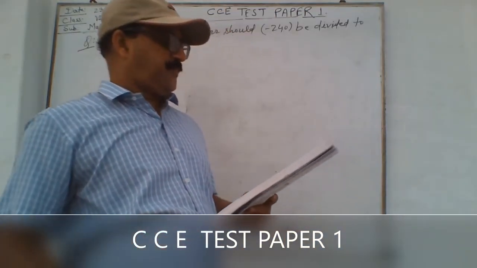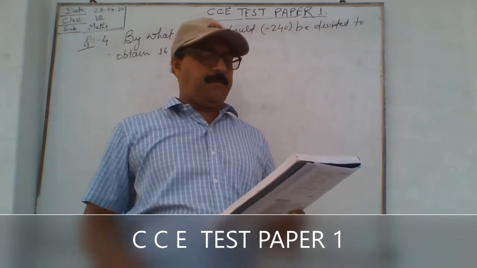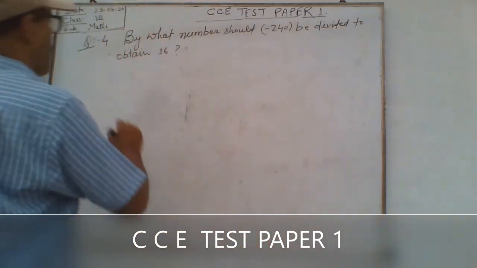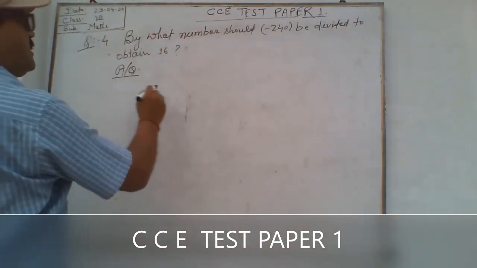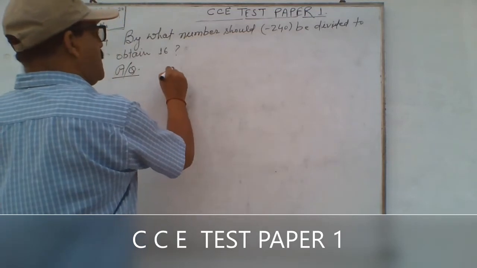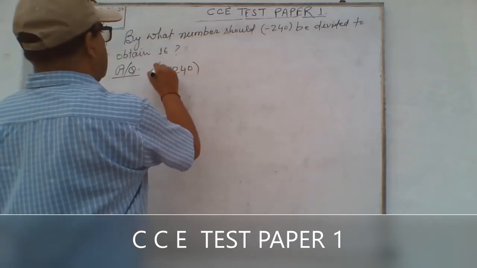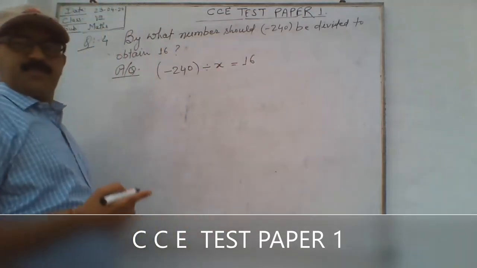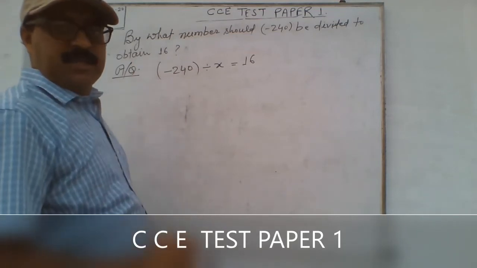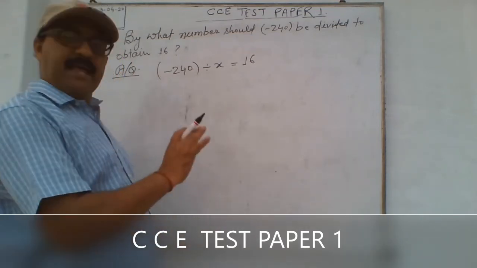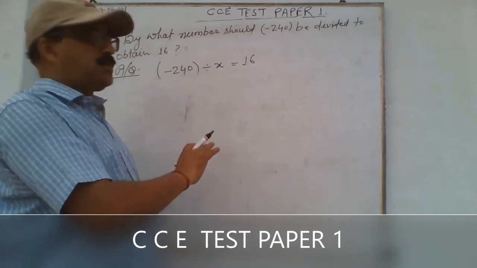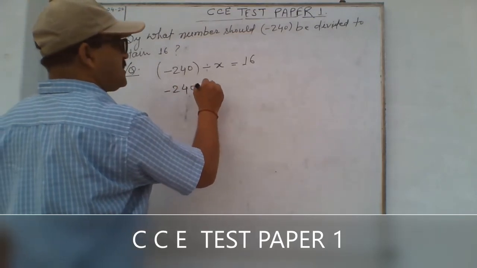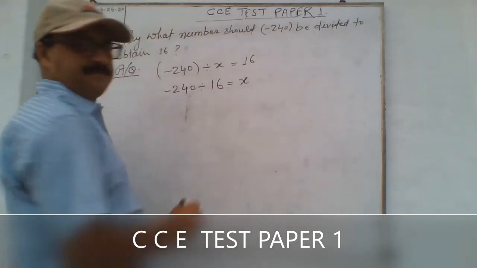Question: by what number should minus 240 be divided to obtain 16? According to the question, the equation will be minus 240 divided by x to obtain 16. The same type of questions were asked in your previous chapter, and I have given the solutions also. But here you will see again, minus 240 is divided by 16, you will get the value of x.